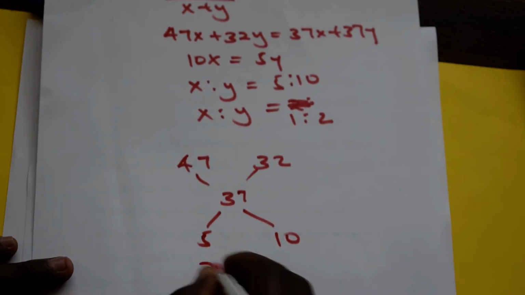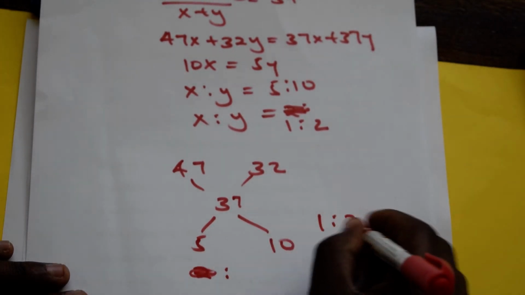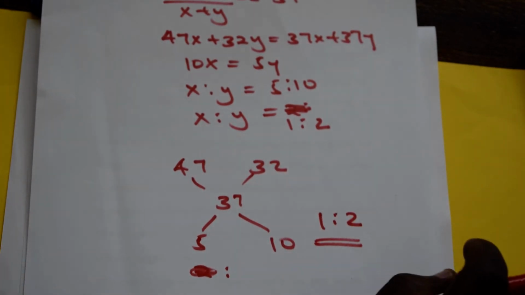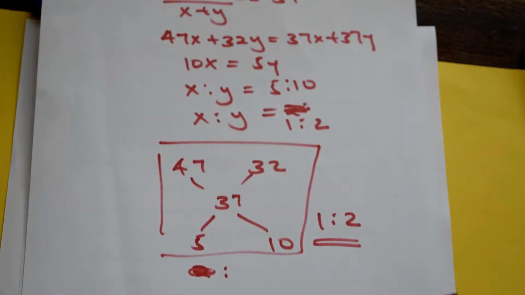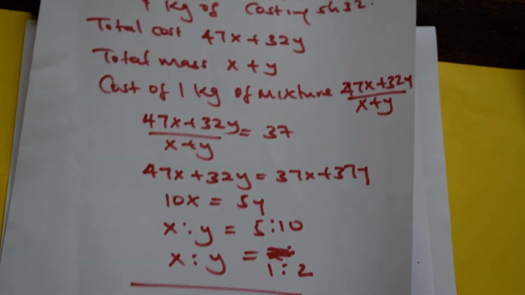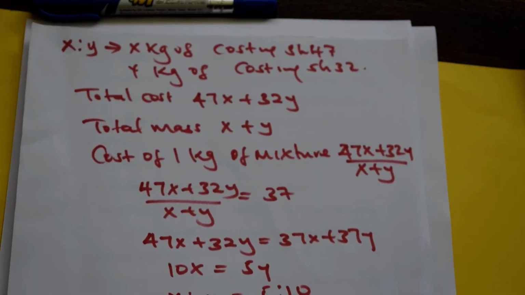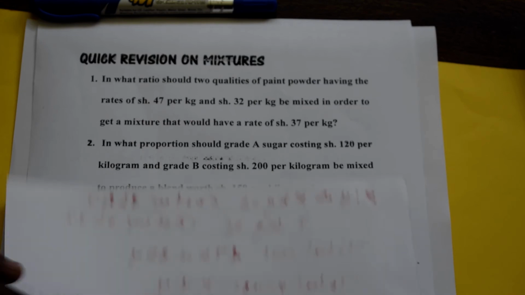So this ratio will now be 1 to 2. So that's how we can easily work out this one, instead of taking the whole process of what we have done at the beginning. But this one is good to explain to you what should be done. So based on cost, you can easily get that.